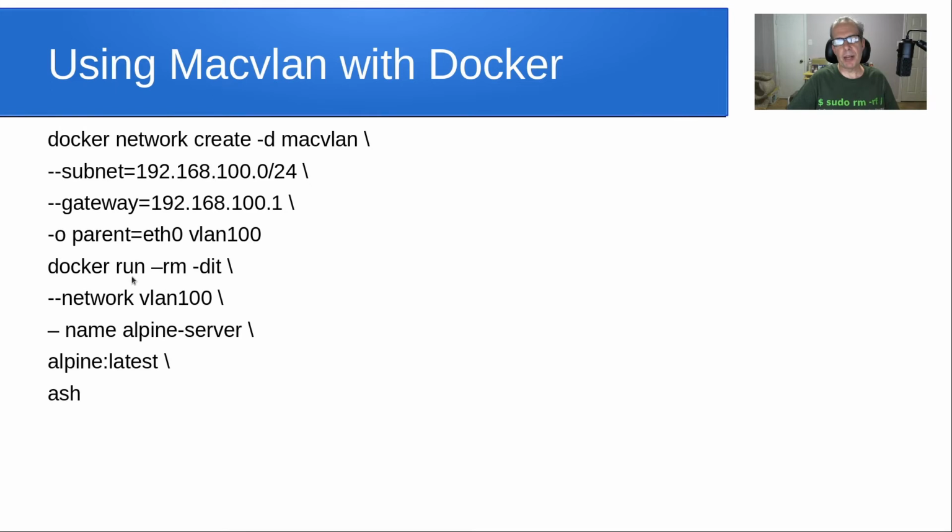So now that I have a network, I'm going to do a simple Docker container. In this case, I'm going to create a Docker container to run an Alpine server. Alpine's a real lean Linux container that a lot of people use for some simple apps. So I say docker run --rm -dit --network VLAN 100 --name alpine-server.